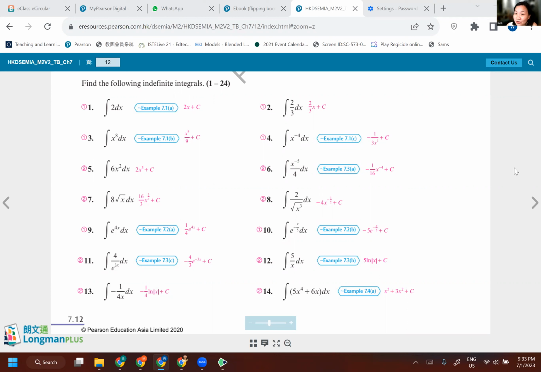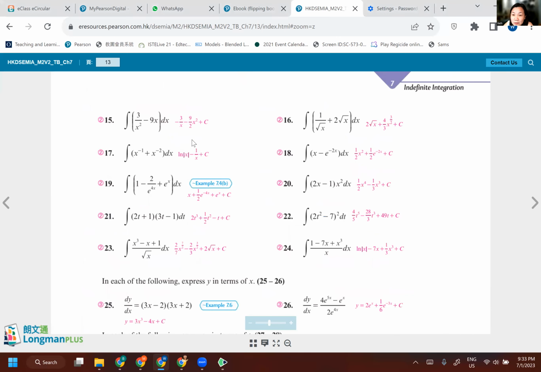It's either a power or an exponential. If it's an addition, you separate them. So conceptually, you should know that although we haven't done anything, you are able to do it.